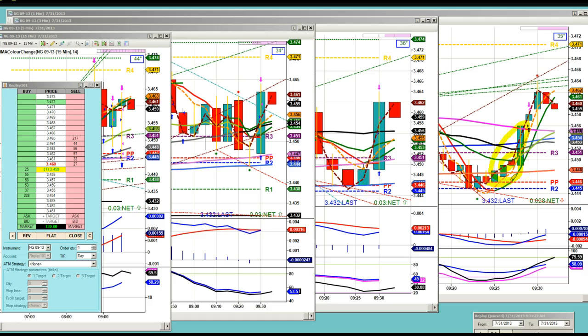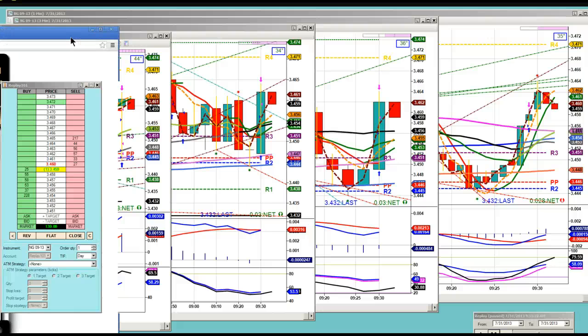I could have gotten in here and taken a few more ticks, or like I said, I could have obeyed the 200, the 2-tick rule, and scalped 3 ticks in the later part of it. Either or is acceptable. But what's allowing me to take this trade is the fact that I'm trading off the support and I'm trading the 200 SMA bounce.